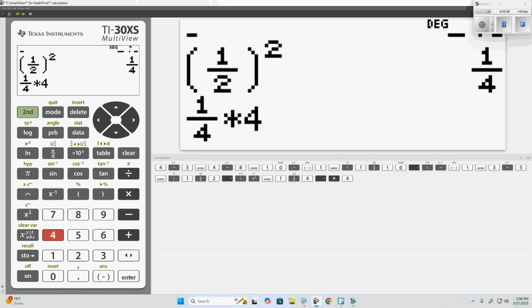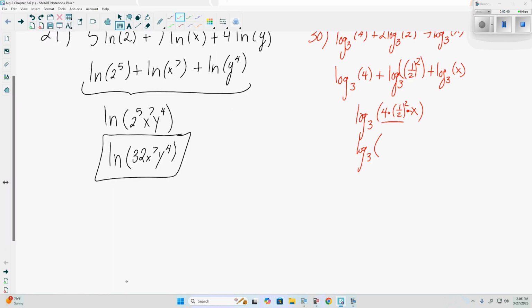And if we multiply the 1/4 and 4, we get 1. Which just tells us it's log base 3 of x.